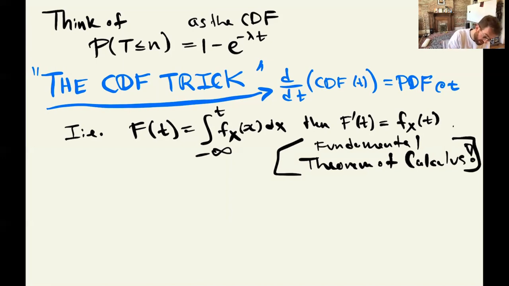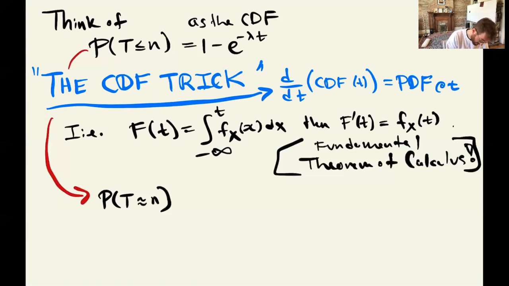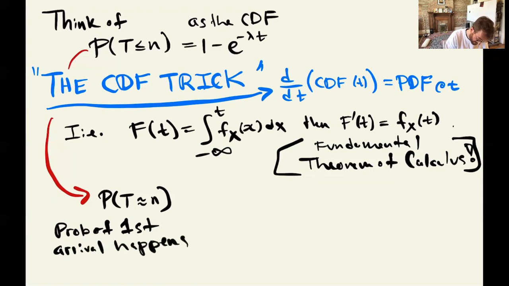All right, so this just means I need to differentiate this expression right here. If I pass this through the CDF trick, I end up getting that the probability that my first arrival happens around time t, the probability of first arrival happens at t over n, equals t.